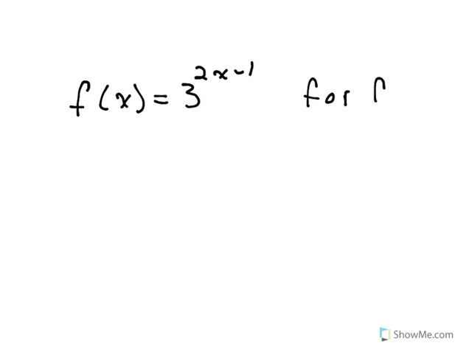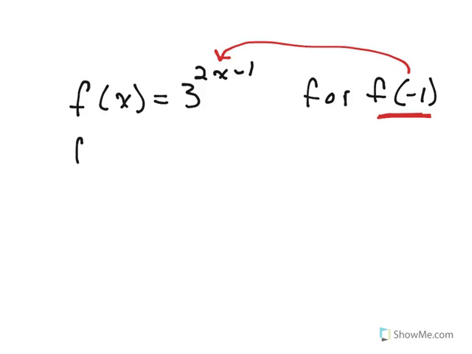Another example, evaluate f of x equals 3 to the power of 2x minus 1 for f of negative 1, which means to replace the x with negative 1 and solve.